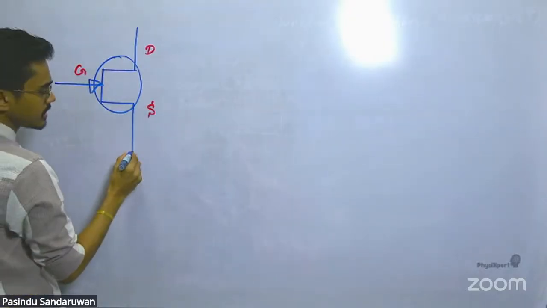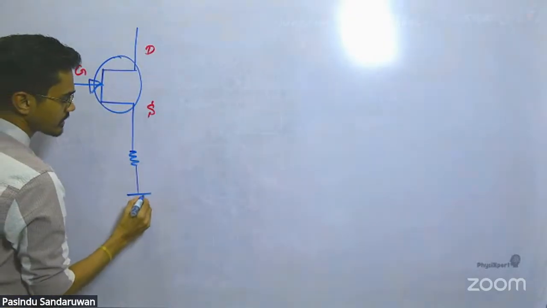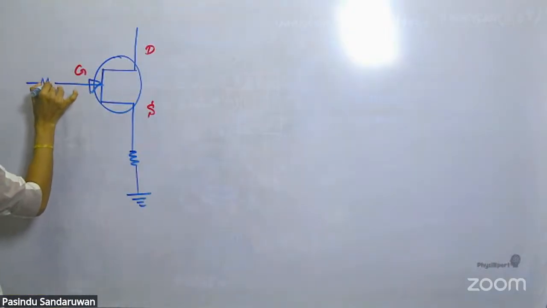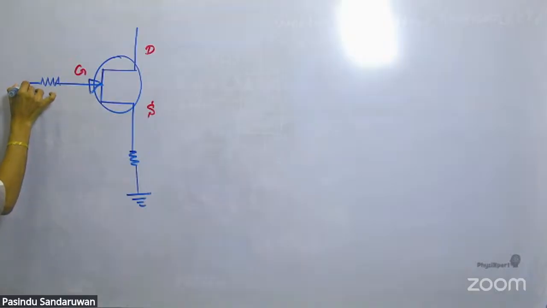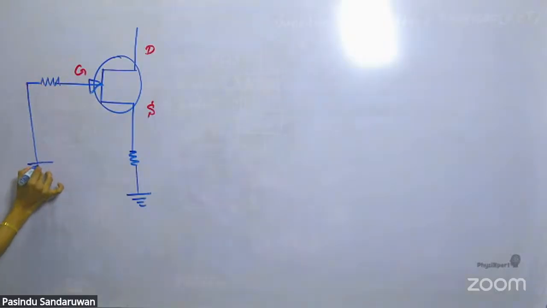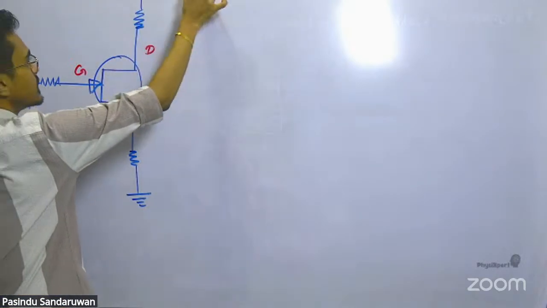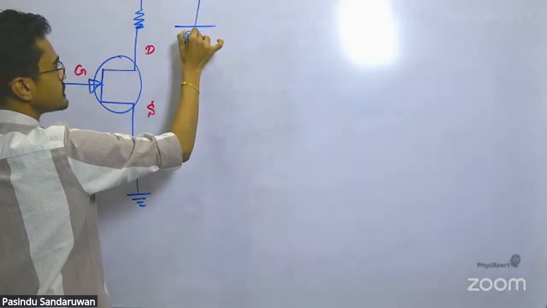Extend source, connect the resistor and ground it. Extend gate, connect a resistor, bend this vertically and ground it. Here, connect a resistor, bend this, connect to battery, ground it.